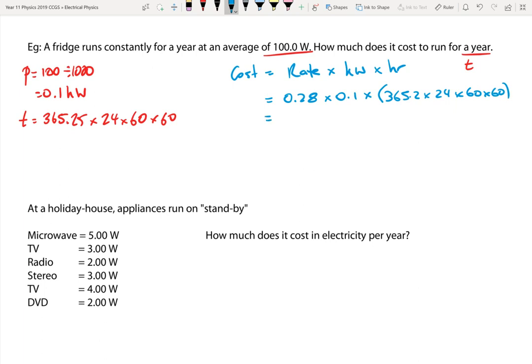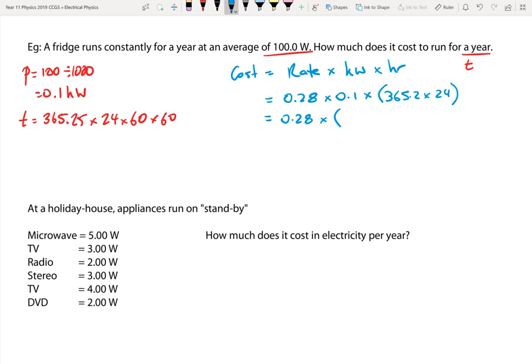Now, before we go on, let's just stop there and figure out how many kilowatt hours a fridge requires. That's not right, because we don't want it down to seconds, we want it down to hours.